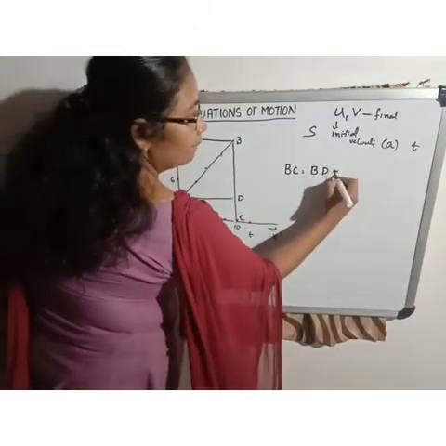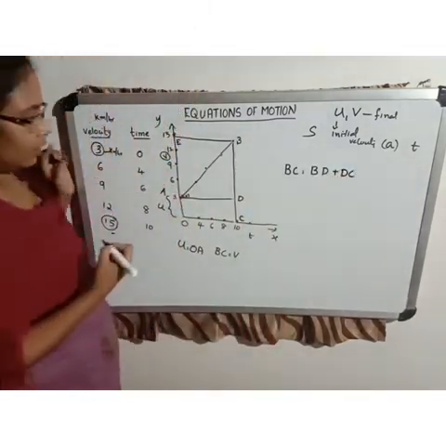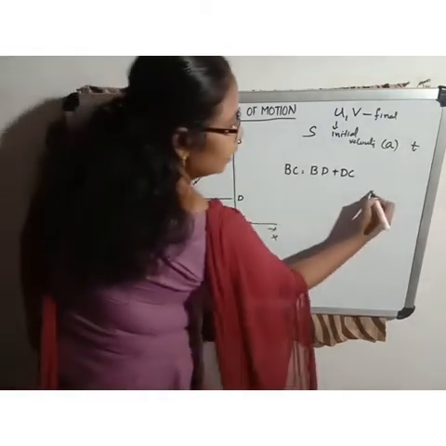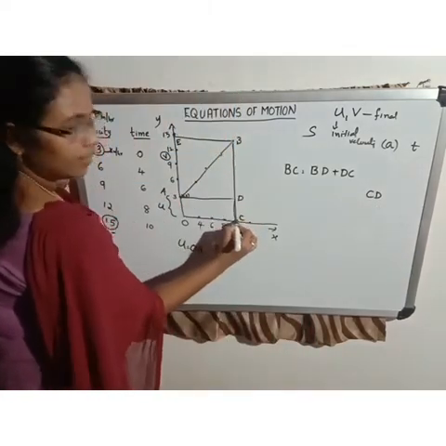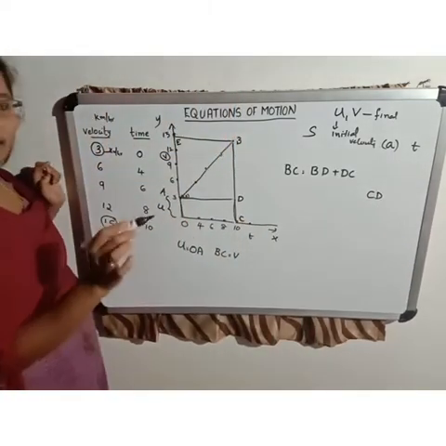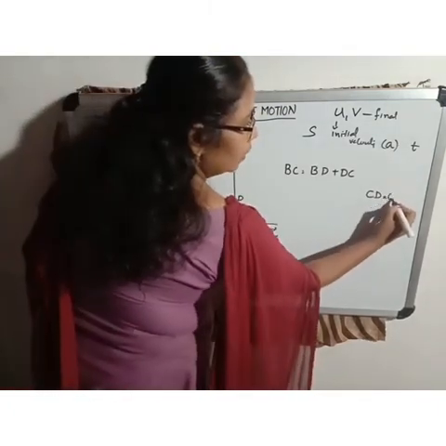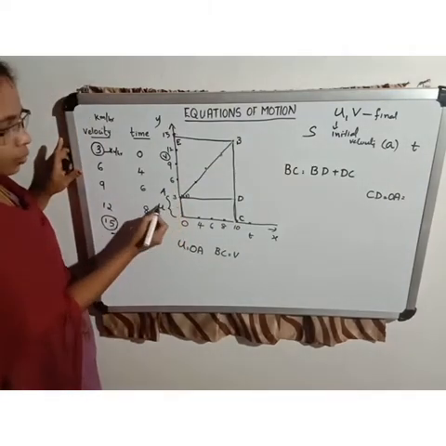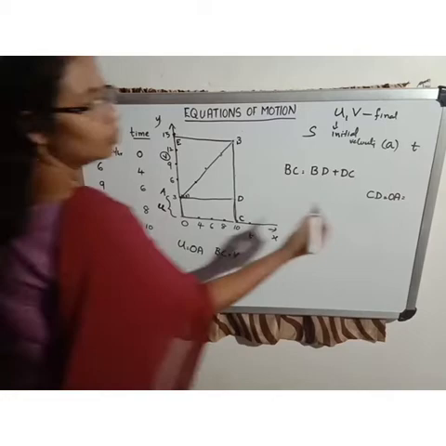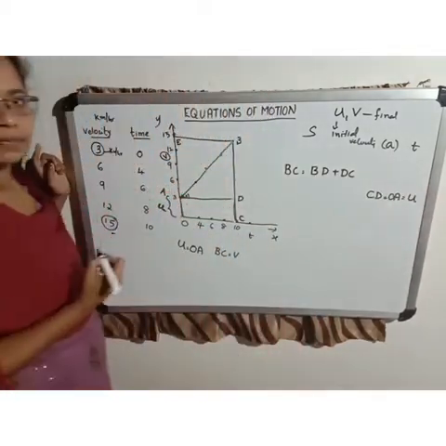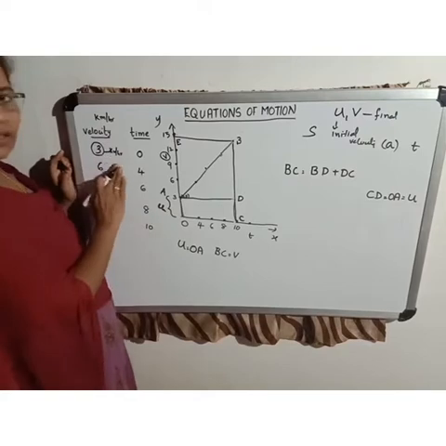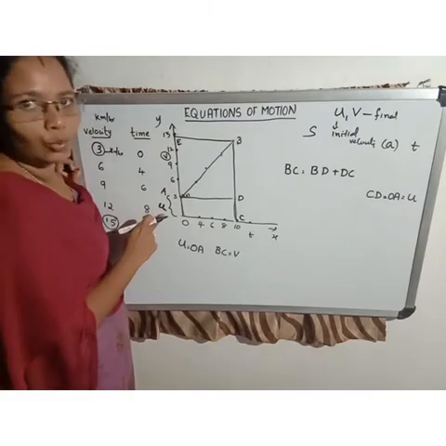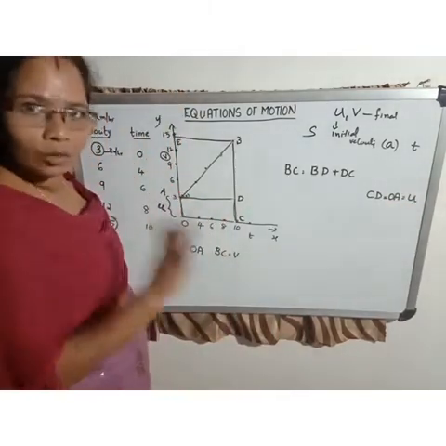Now, what is CD? Length CD and length OA are equal. So length CD is equal to length OA, which is further equal to our initial velocity U. In this graph the initial velocity is actually 3, but I am giving the name U. So OA is now U.